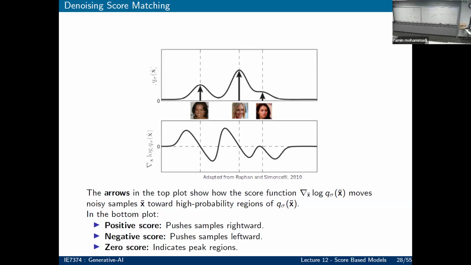If you're on the left, the gradient is positive, which means this value goes up. But the reason there is a peak and then down is that if you keep going up, you need to come down to match the 0, because at this point it should be 0. So it goes up to a peak and then goes down so it can match the 0.